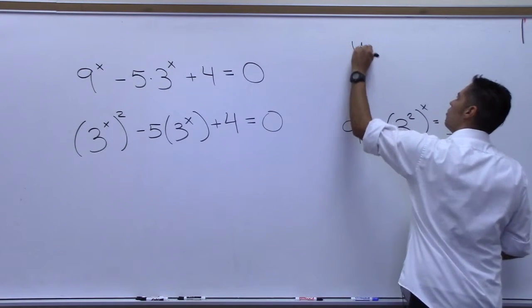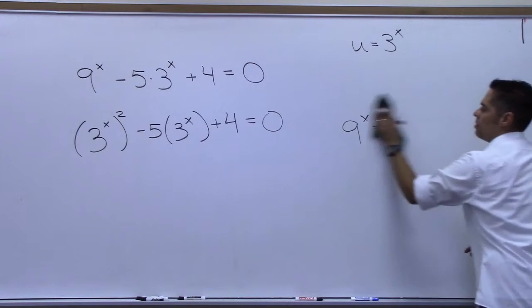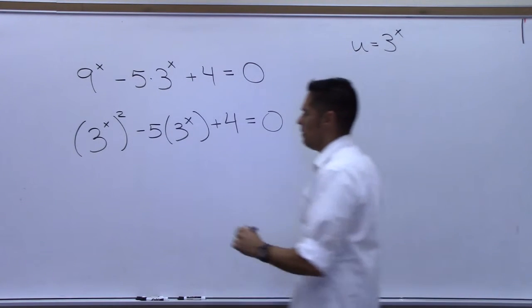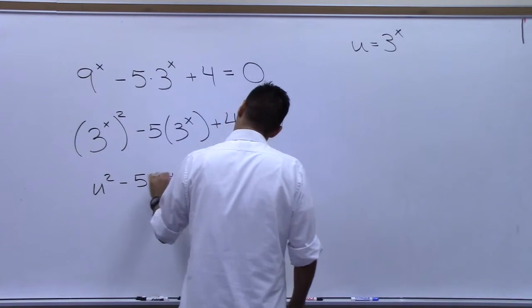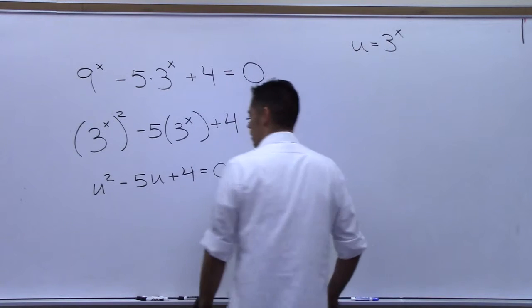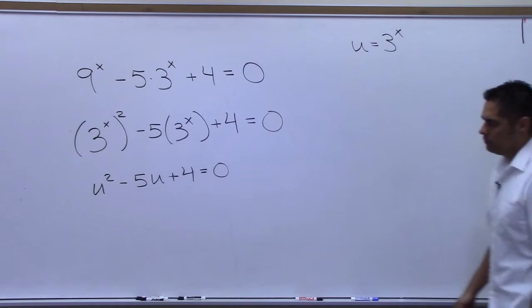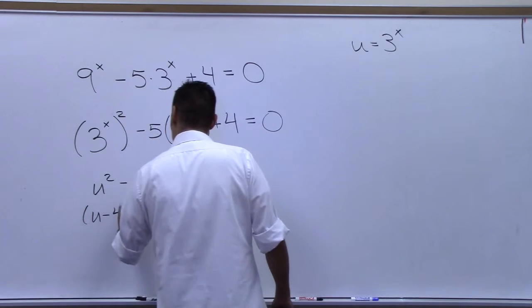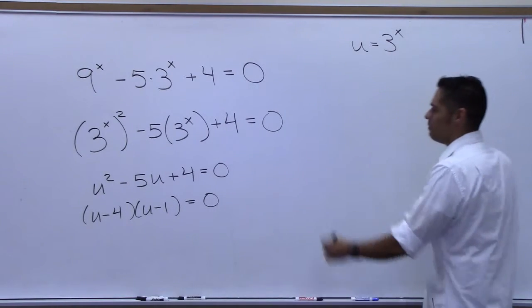So I'm going to let u be 3 to the x, and I proceed to rewrite this as a quadratic: u squared minus 5u plus 4 equals 0. Does that factor? Yeah. u minus 4, u minus 1.